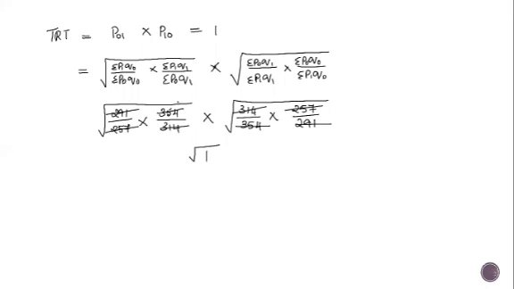You have not taken the square root, so I have taken square root of 1, which is equal to 1. Square root of 1 is equal to 1. So therefore, you can write as Fisher index satisfies TRT.